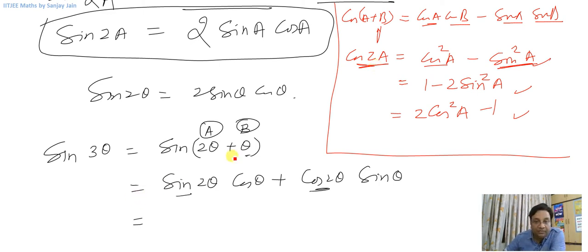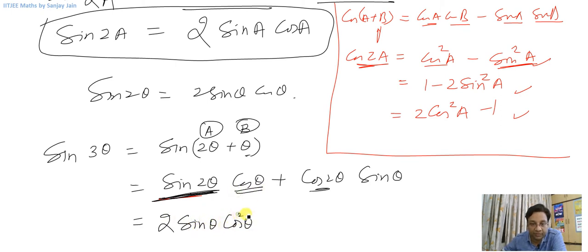Now see, let me change the color. This is sine 2 theta, so this can be written as 2 sine theta cos theta, and then there is this cos theta once again, so let me write it as cos square theta here. This is cos 2 theta, let me write it in the form of sine, because I want to write the formula in terms of sine.